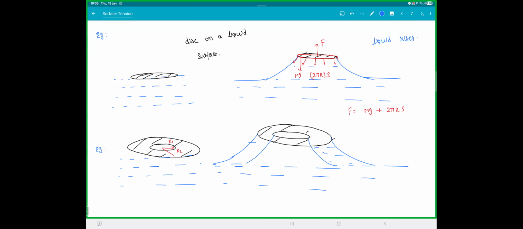This entire thing will be filled with liquid. So we get one surface tension force on this side. Every time you touch, you get one surface tension force: 2 pi R1 S, and you get one surface tension force here: 2 pi R2 S, then your own weight mg. So someone needs to apply F to balance that.